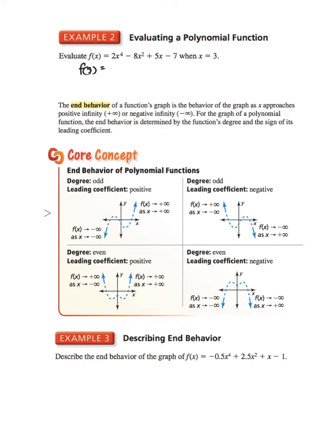If you do that all correctly, you're going to get 2 times 3 to the fourth. 3 to the fourth is 81, times 2 is 162. 3 squared is 9. 9 times 8 is minus 72. Plus 15 minus 7. Altogether it comes out to 98. So that's one way to do that.